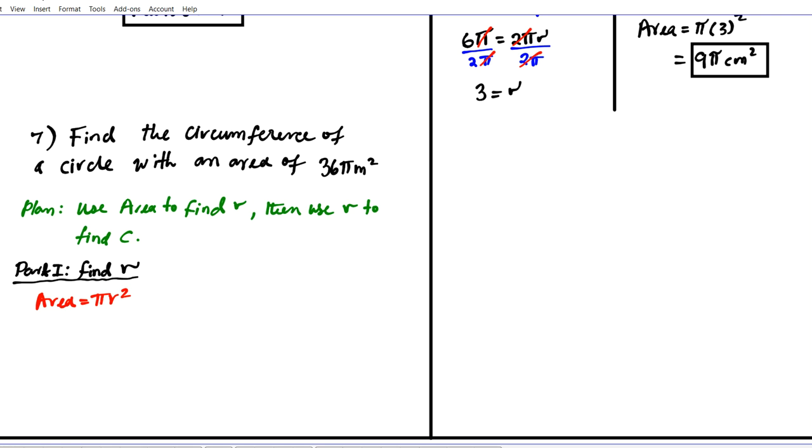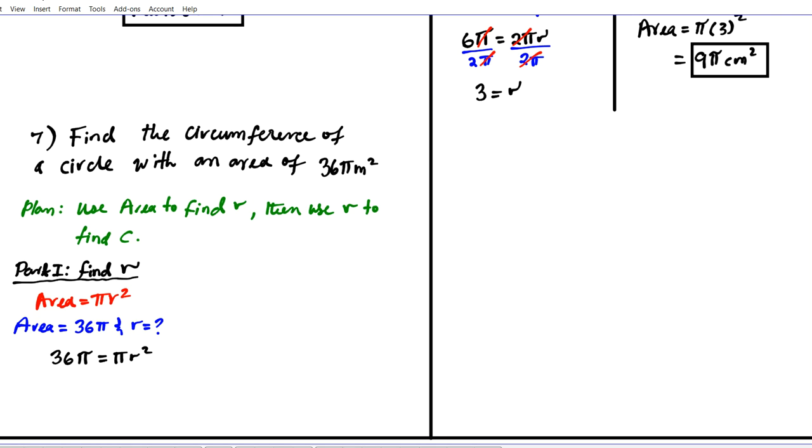In this situation, the area is 36 pi, and the radius is a mystery. We don't know what it is. So let's substitute these two into our formula. So 36 pi is equal to pi r squared.